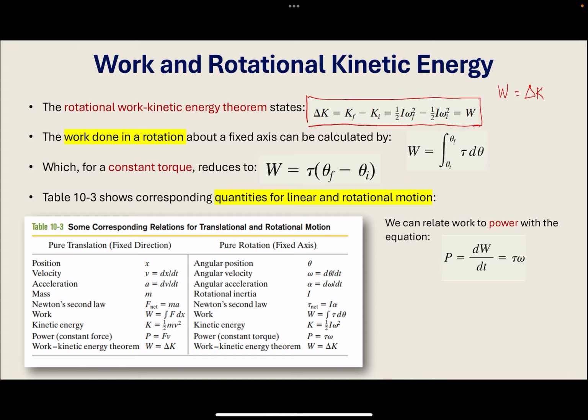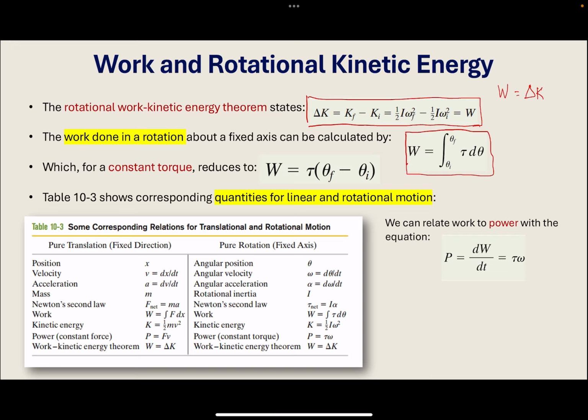We can calculate work in rotation using W equals the integral from theta i to theta f of torque d theta. This means if a torque acts through an angular displacement, the total work is the area under the torque versus theta curve.